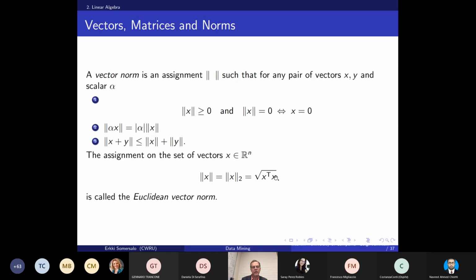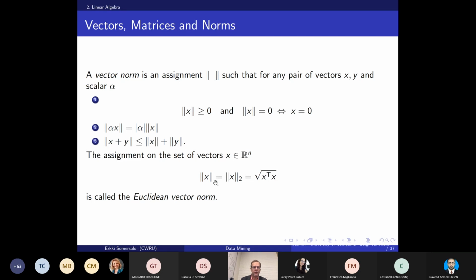And since we already encountered this inner product of x with itself, if you take the square root of x transpose x, you get the normal Euclidean vector norm, which is the square root of the sum of squares of the components of x. So this is the normal Euclidean distance. And if no indication of which norm we are talking about in the case of vectors is given, then I mean this Euclidean vector norm usually.